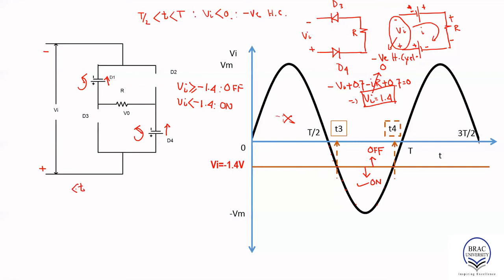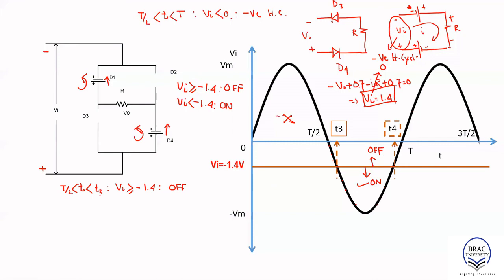T is greater than T by 2 and less than T3, which is VI greater than or equal to minus 1.4, off.